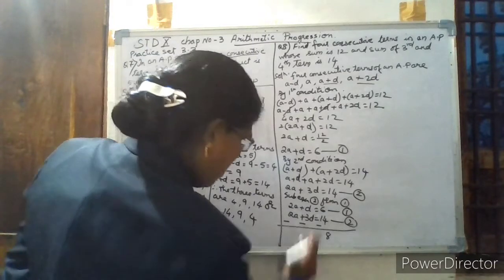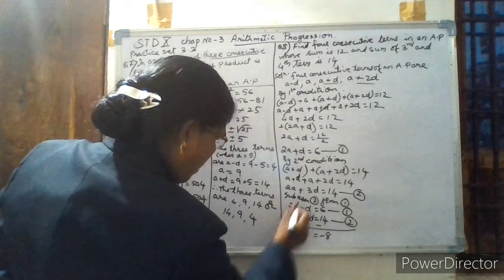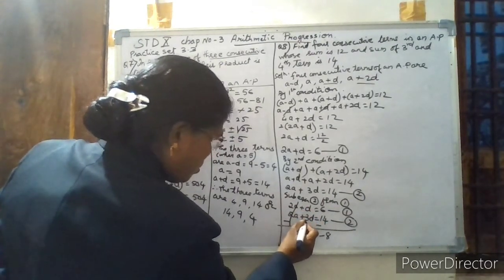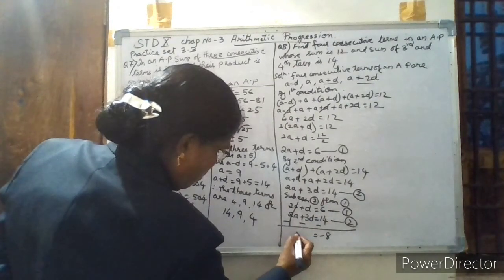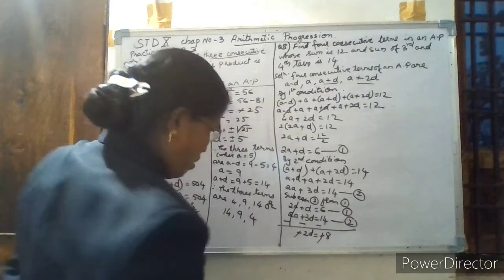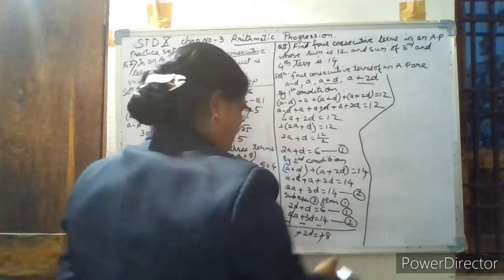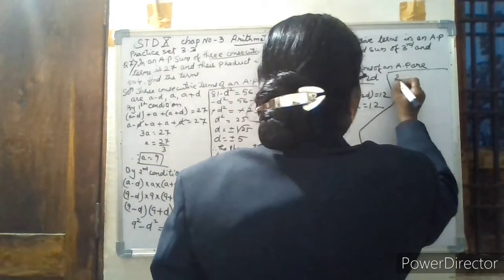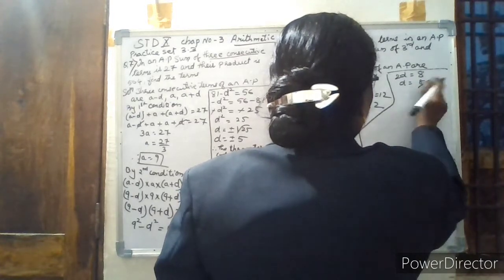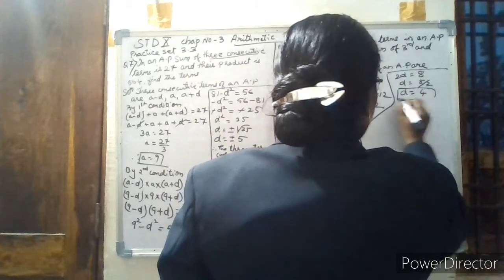Here the 2a will cancel, then d minus 3d gives minus 2d. So minus minus cancels here, and 2d is equal to 8. So d is equal to 8 by 2, so d is equal to 4. We got d equal to 4.